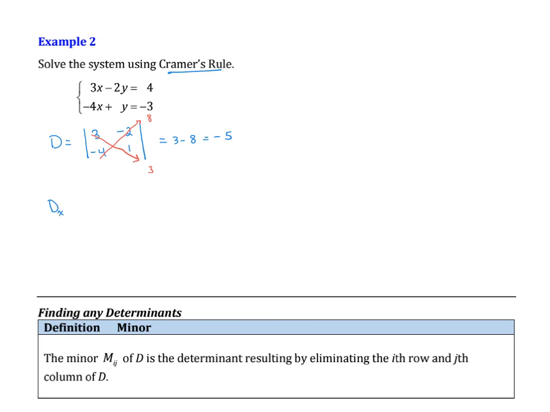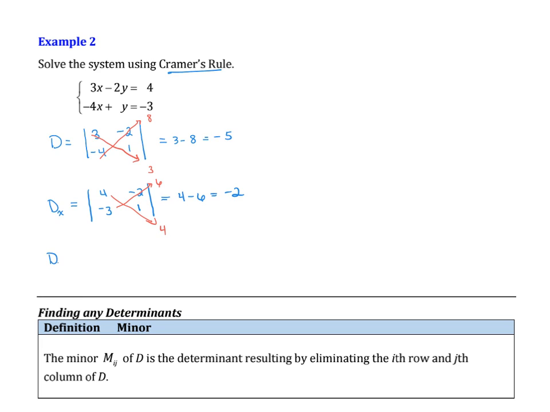So D sub x, we will replace the first column, the x column, with the right-hand side, and then the coefficients of our y's. And then we go down, and up, and down minus up would be 4 minus 6.